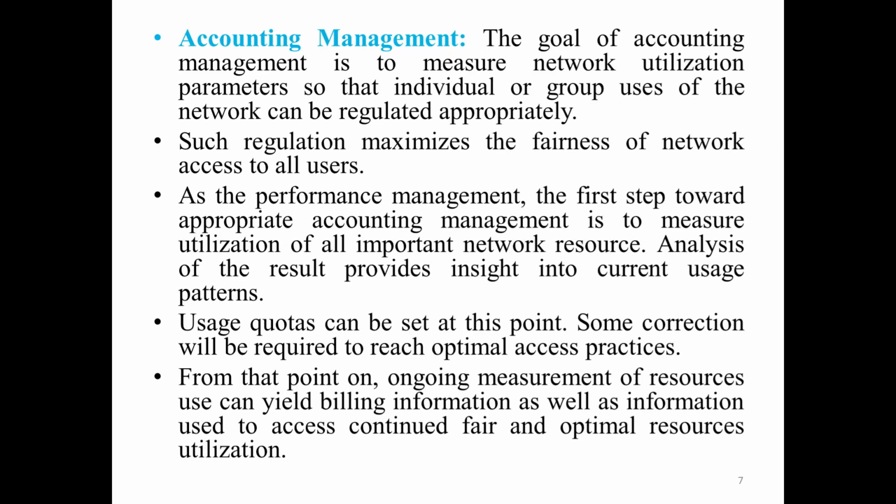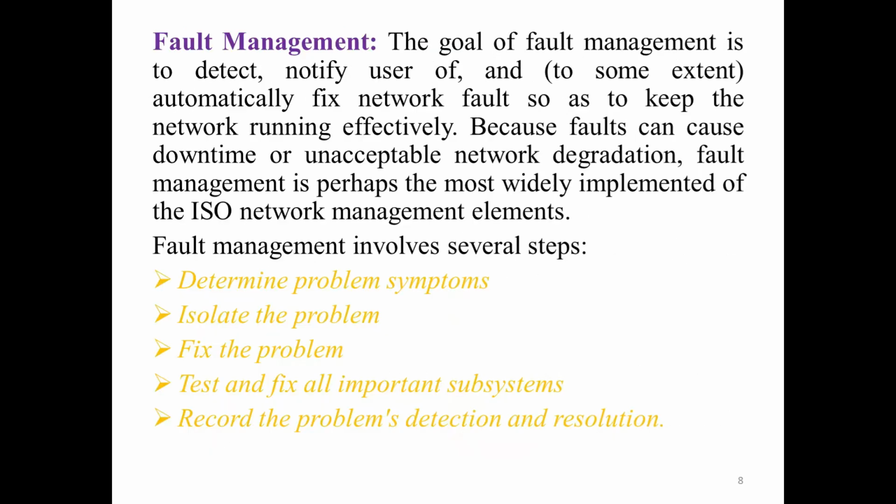Analysis of the results provides insights into current usage patterns. Usage quotas can be set at this point. Some correction will be required to reach optimal access practices. From that point on, ongoing measurement of resource use can yield billing information as well as information used to assess continued fair and optimal resource utilization.